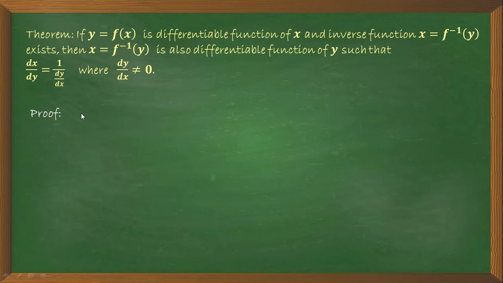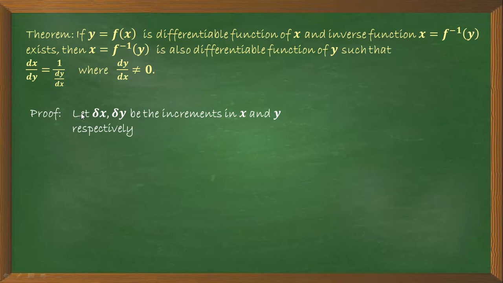Now see, for that first of all we will consider let delta x, delta y be the increments in x and y respectively. So here there are two variables x and y, so we will consider delta x, delta y be the increments in x and y respectively.